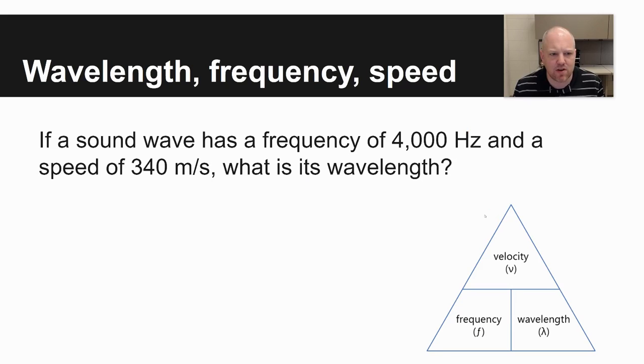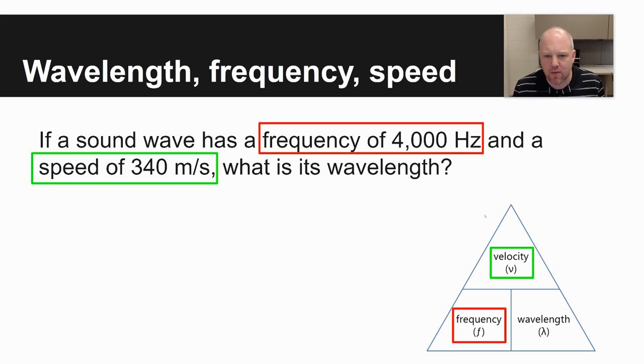To give you an example problem involving some realistic numbers, it says if a sound wave has a frequency of 4,000 hertz, the unit for frequency, and a speed of 340 meters per second, that's the wave speed, what is its wavelength? What I would do in solving a wavelength, frequency, speed type of problem is to identify what you're given.